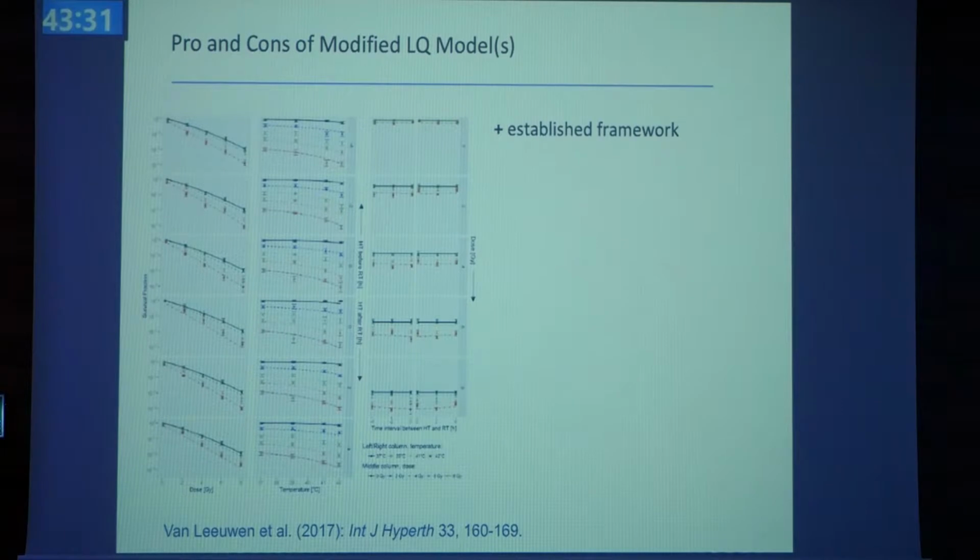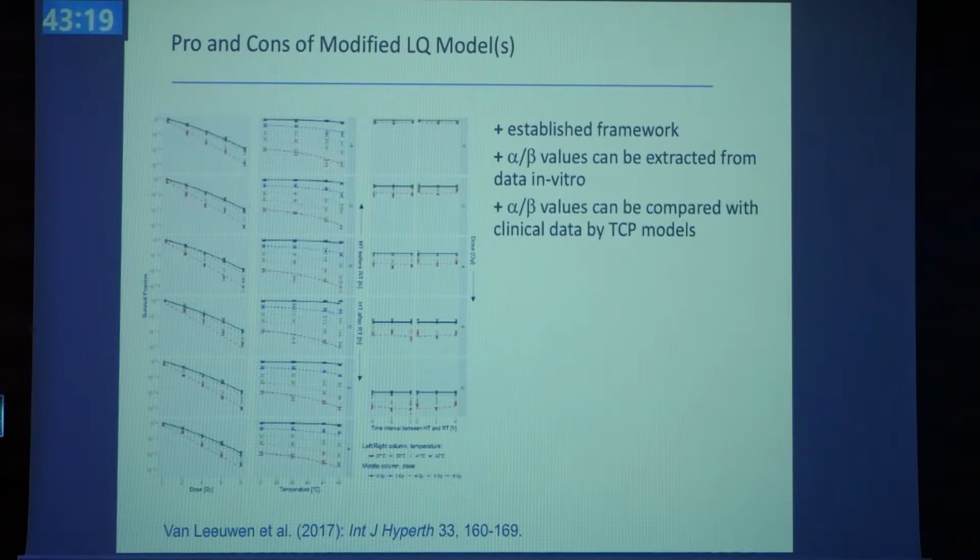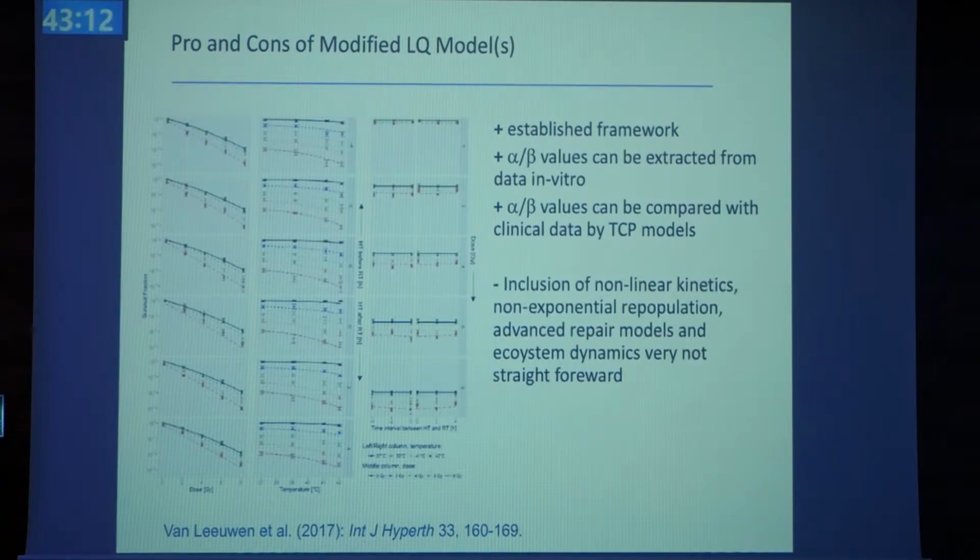There is a clear advantage of this method. We are using a more or less established framework. We can look at in vitro data and try to get out the alpha beta values for different temperatures. We can try, via a tumor control probability model, to compare that to clinical data. The problem is, as soon as you have nonlinear kinetics, nonlinear dynamics, as soon as you look at the ecosystem dynamics, which could play a very important role in the patient, it becomes difficult to bring that into this concept.